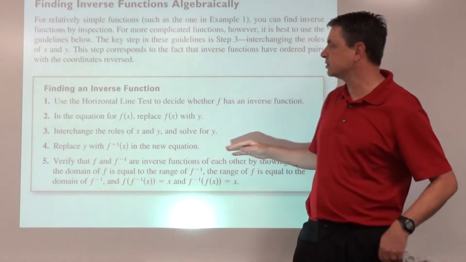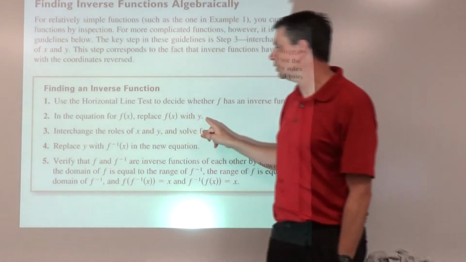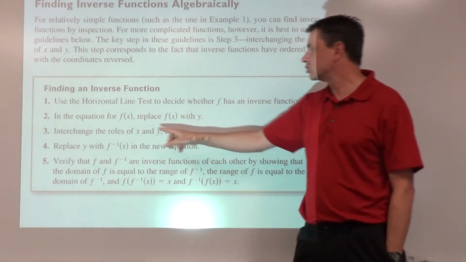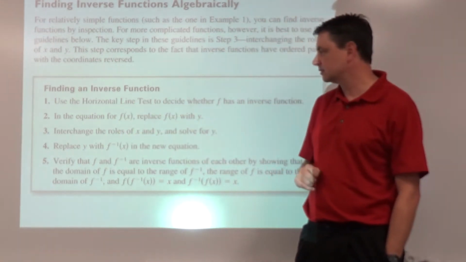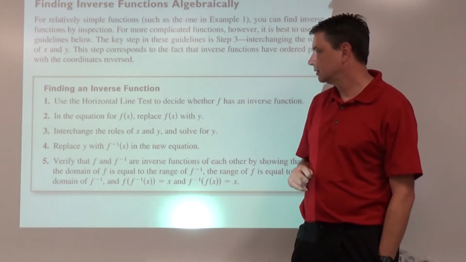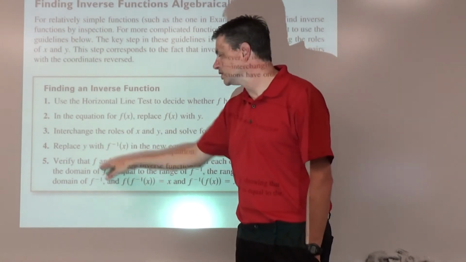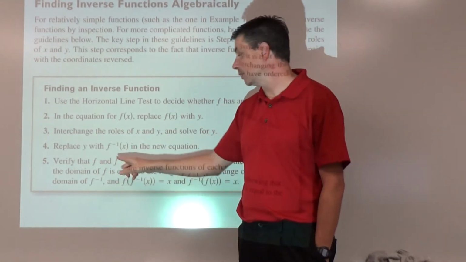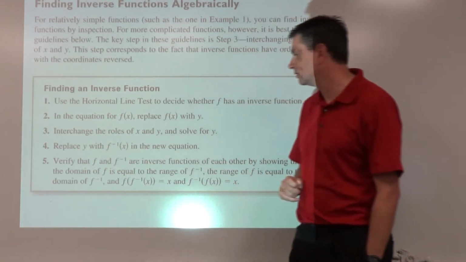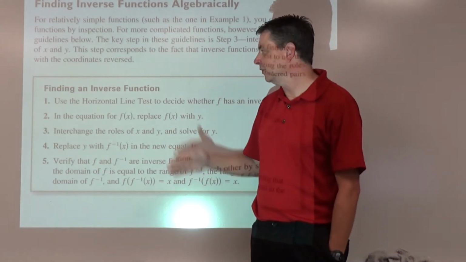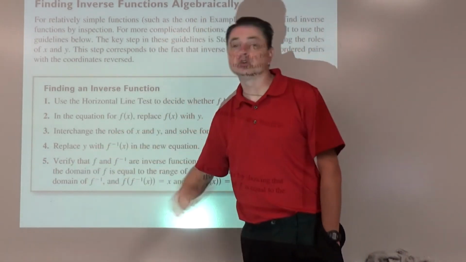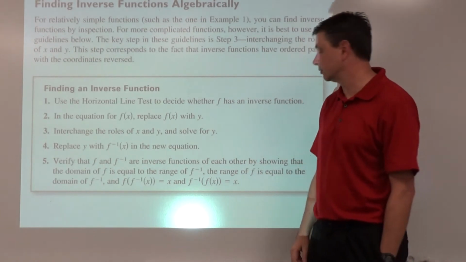As long as we can proceed, replace f of x with y, switch all the x's and y's, go ahead and solve for y, switch back to function notation by writing f inverse of x, and then if we need to, go ahead and do the composition to verify that they're inverses.